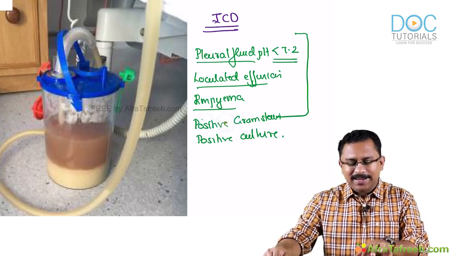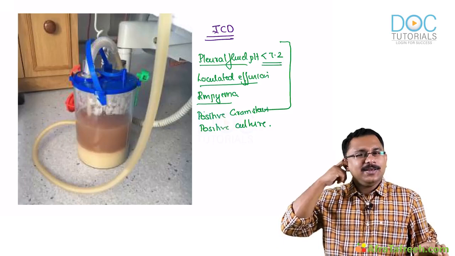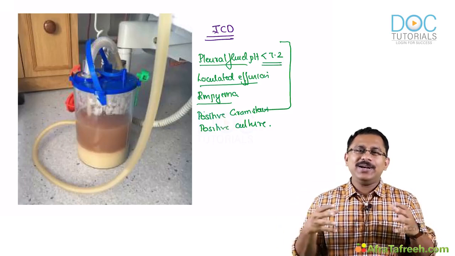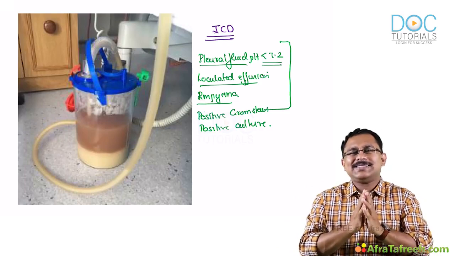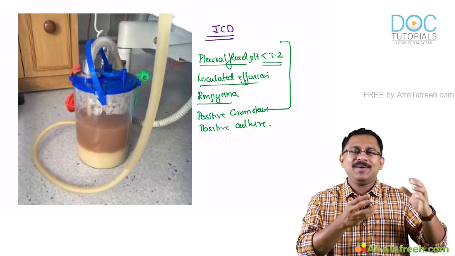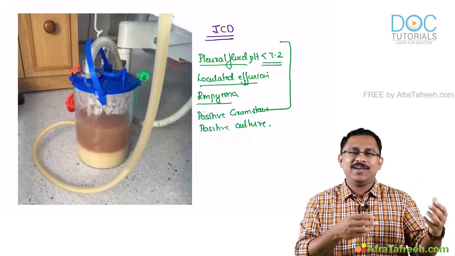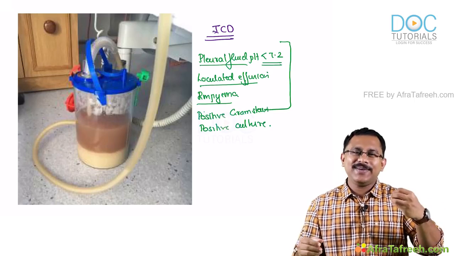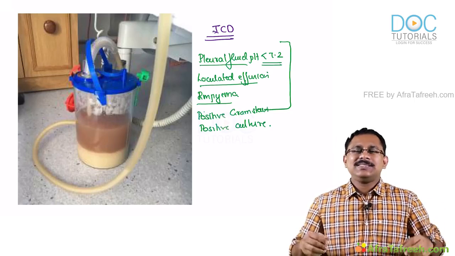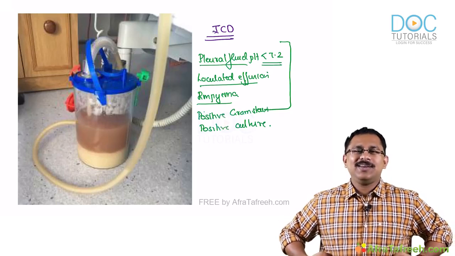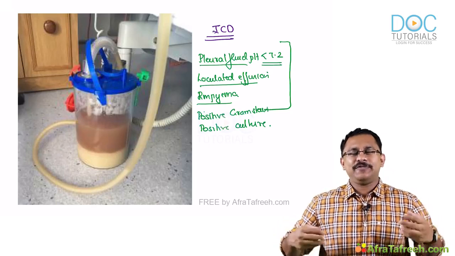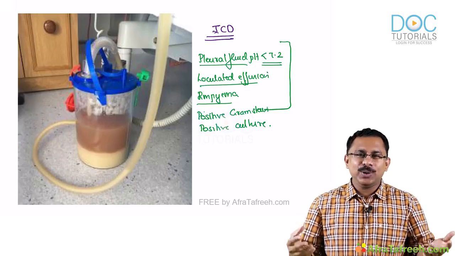And the definitive management, well, the pleural fluid tap alone may help in some cases. Sometimes, if it is a mild pleural effusion associated with a pneumonia, you might not even require a tap. Sometimes it may be a chronic liver disease producing an effusion, and you went for the tap and found that it is a transudative effusion.